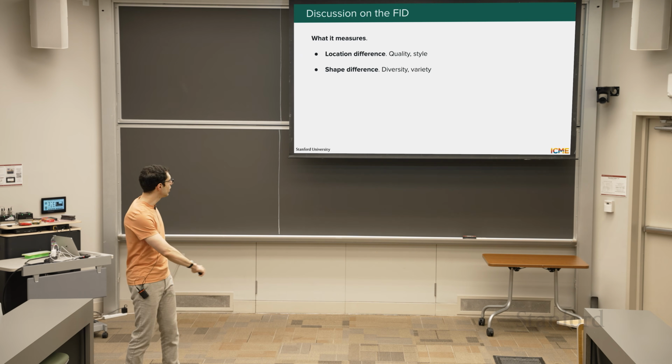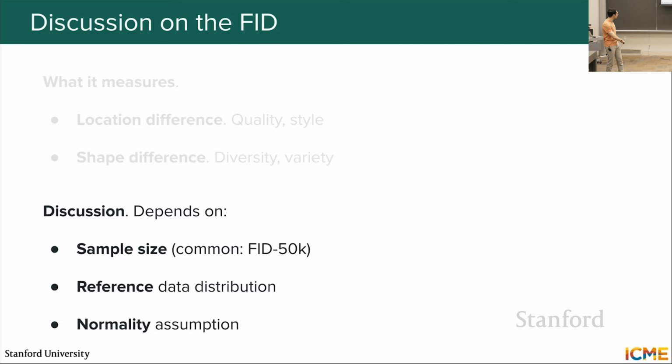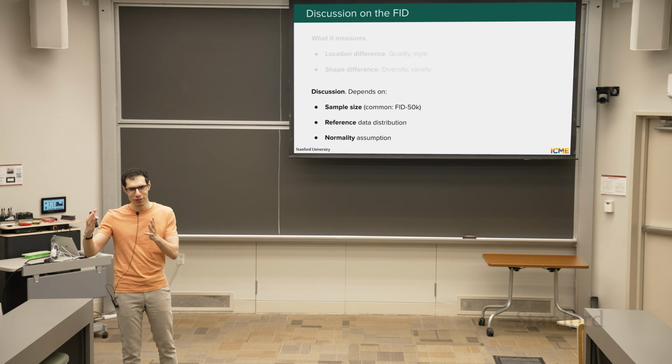So these are the points to watch out for. And in terms of the sample size, as we mentioned, the typical reference is FID 50K of a given dataset. And of course, we're looking at FID, which is part of this section of reference-free metrics.